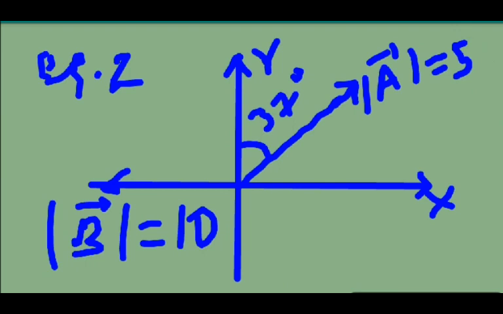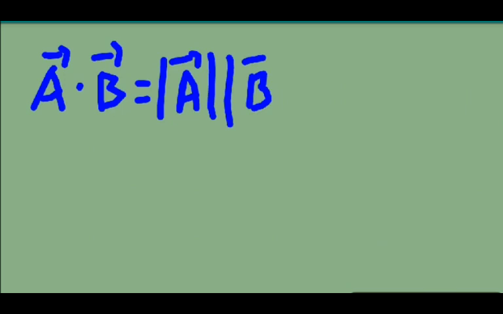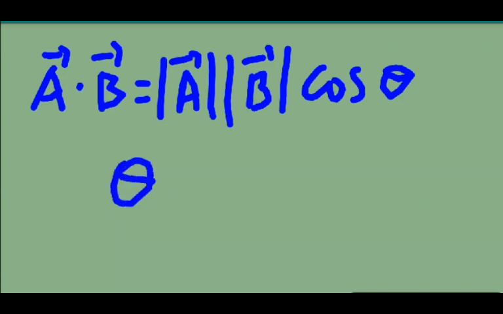So we are going to find the dot product of the two vectors, vector A and vector B. That is the question. So A dot B is equal to magnitude of A multiplied by magnitude of B multiplied by cosine of the angle between the two, which means 90 degrees plus 37 degrees.